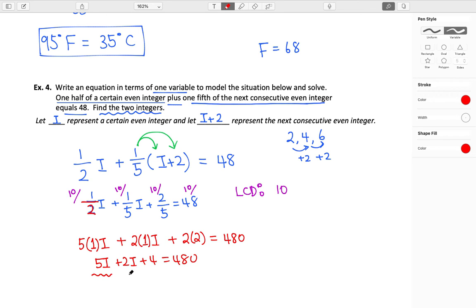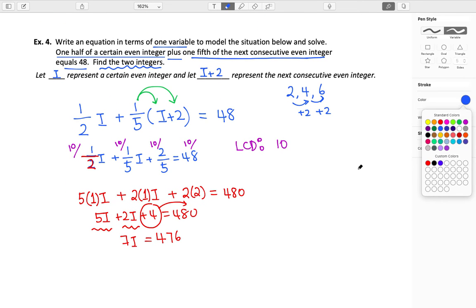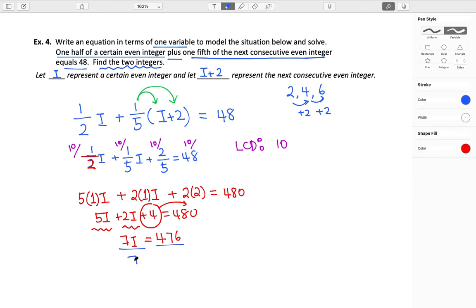So it looks like I have like terms here. And I'm going to bring positive 4 to the other side. So it's 480 minus 4, which is 476. And now I'm going to divide both sides by whatever is in front of I. 7I is equal to 68.